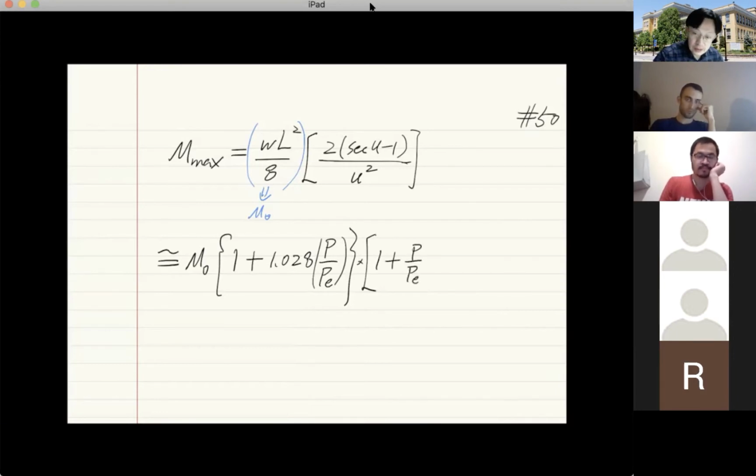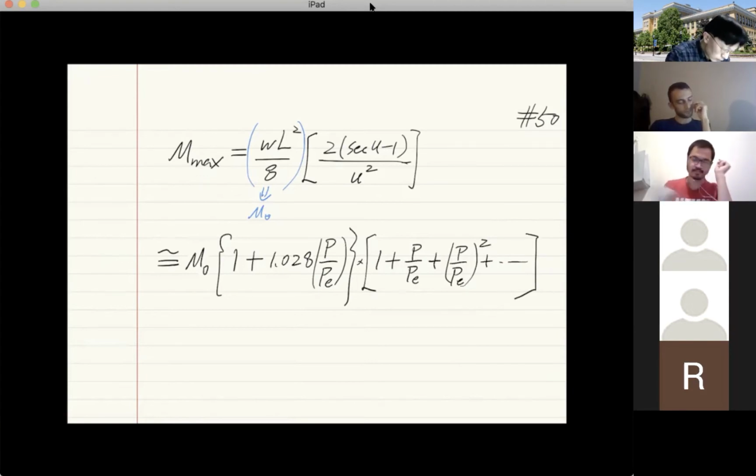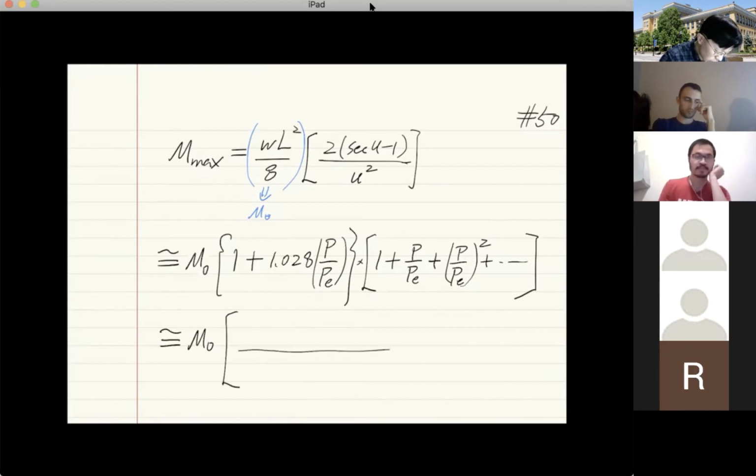The first one is the linear term, which is 1 plus P over PE plus P over PE squared, and so on and so forth. So this is the approximate, which is a Taylor expansion for the maximum moment. And this can be further approximated by this expression, which is M naught times 1 minus P over PE.